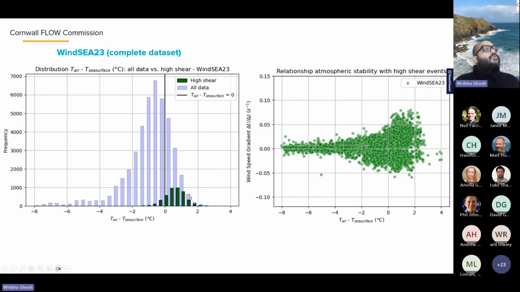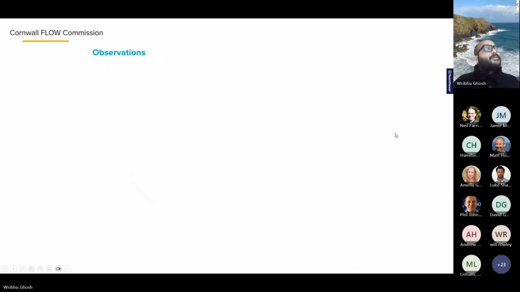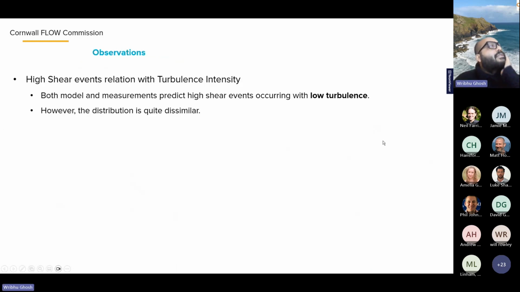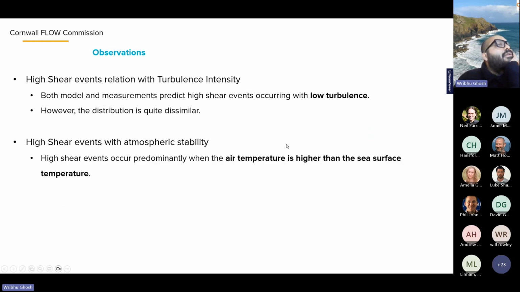You see now the distribution looks much prettier. Once the sea surface temperature is higher than the air temperature, this tails off, whereas when the air temperature is higher than the sea surface temperature, most of these high shear events happen. Again, both models predict high shear events occurring at low turbulence, and also where the air temperature is higher than the sea surface temperature.